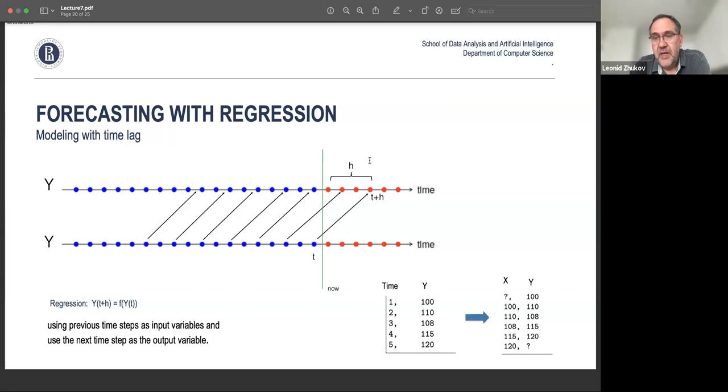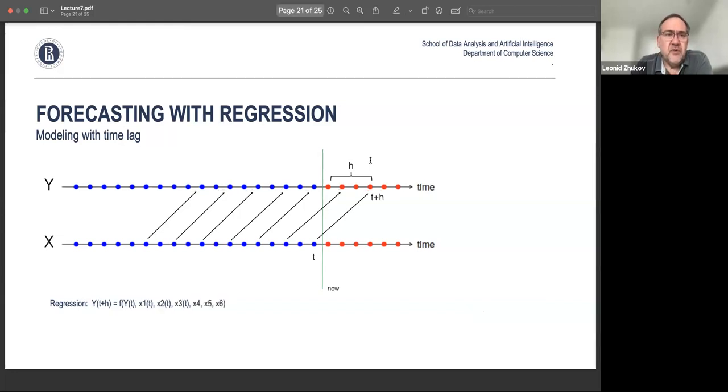If you take the table, you have the values of y, then you just shift it by some step h, and here it's shifted by one value, and then use it as the factors. You can literally build a regression based on that.